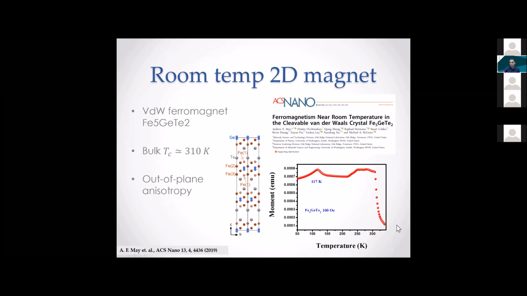And that allows us to try to measure the magnetic structures or the magnetization structure within these systems, with these flakes at room temperature. This material is a Van-der-Waals material that can be mechanically exfoliated.